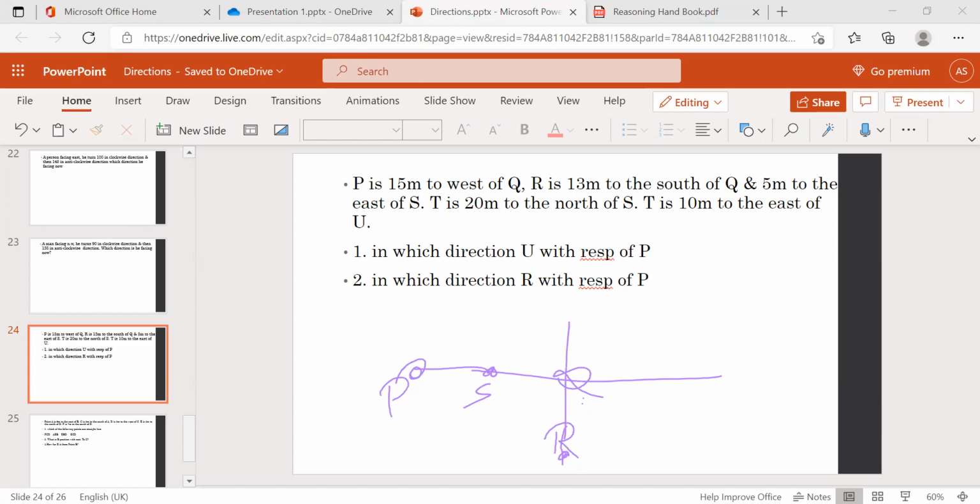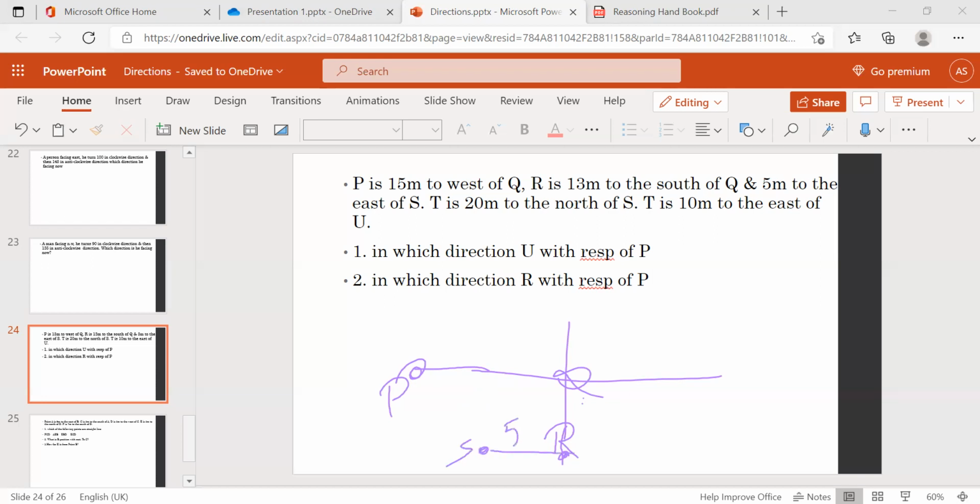Okay, you have to take R, not Q. R is 13 meters south of Q and 5 meters east of S, like this here.